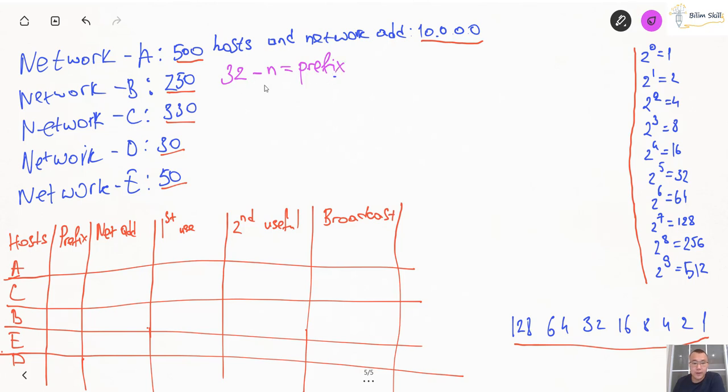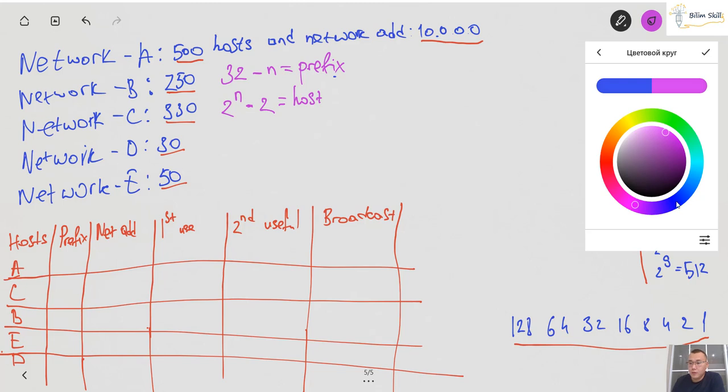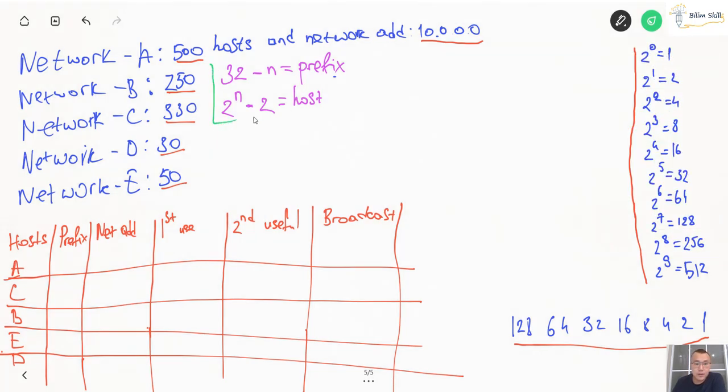And how to find n? You have this formula: 2 power of n minus 2 is equal to host numbers. Okay, so learn this formula.